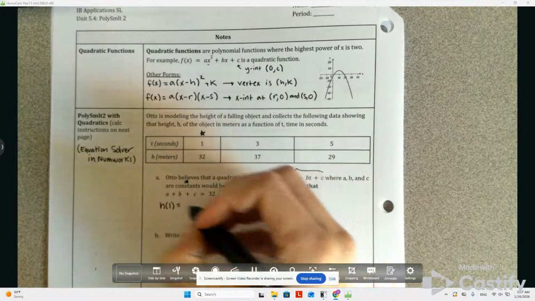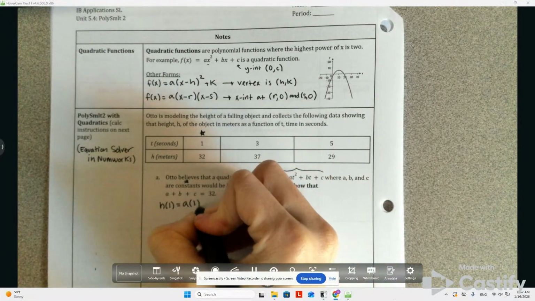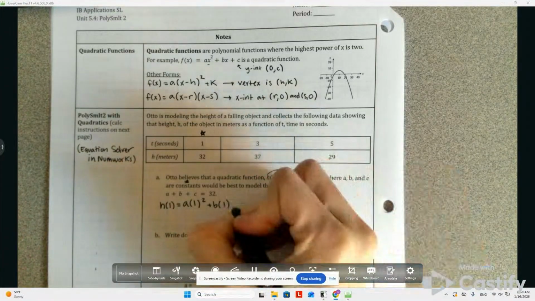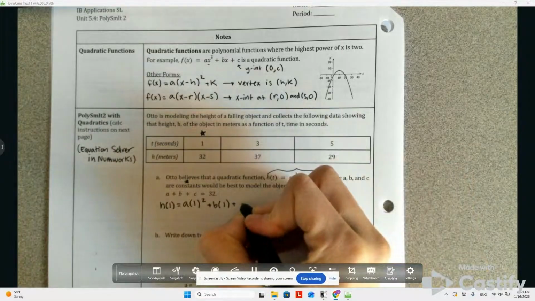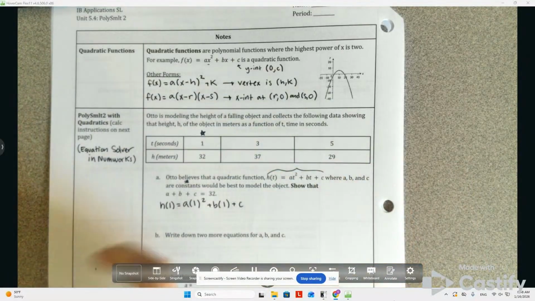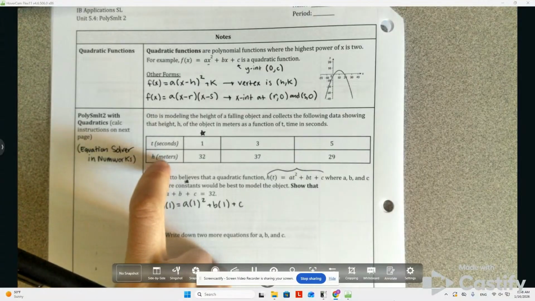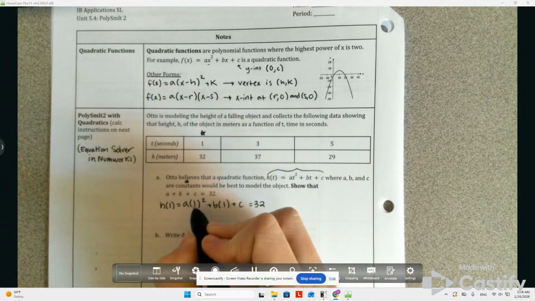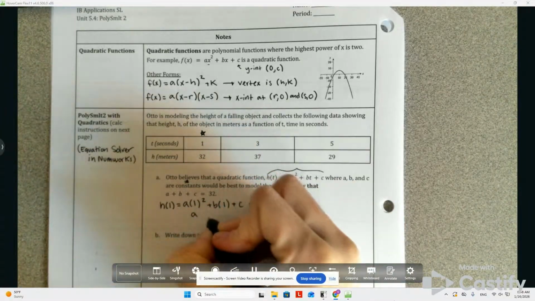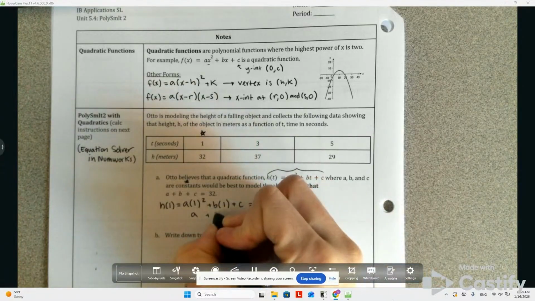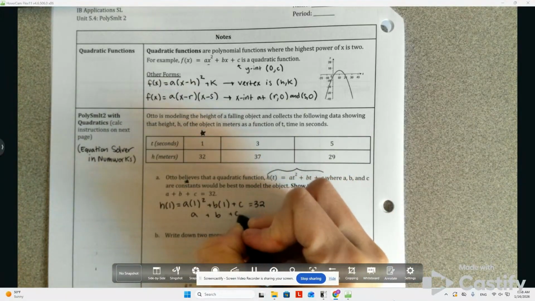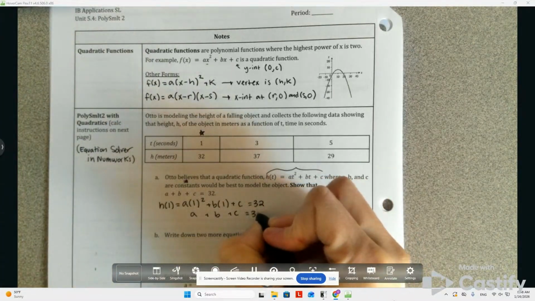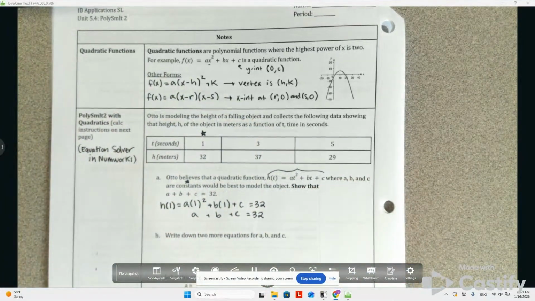So it'll turn into a times 1 squared plus b times 1 plus c, which doesn't have t in it, so we'll just leave it as c. And we know from here that the output of this equation is 32. So if we simplify, 1 squared times a is just a. B times 1 is just b, and c is still c. So we land with a plus b plus c equals 32.